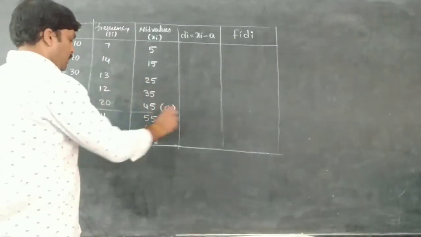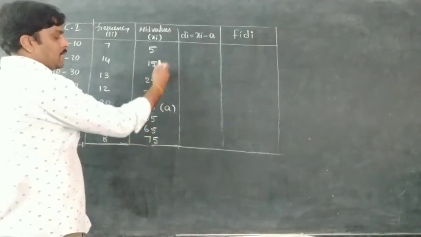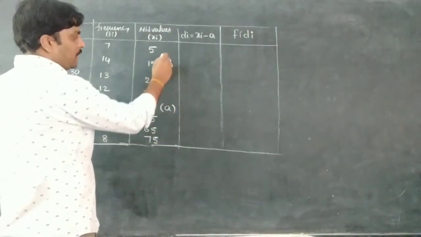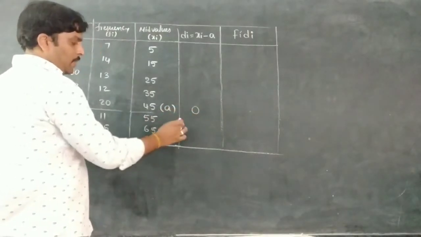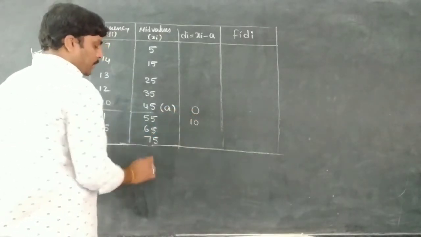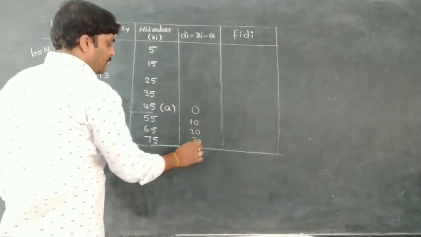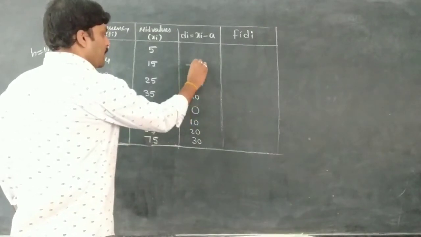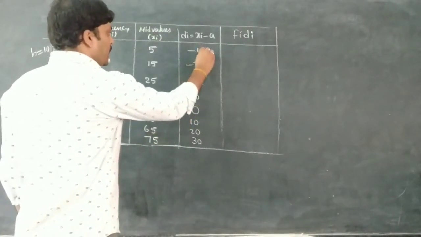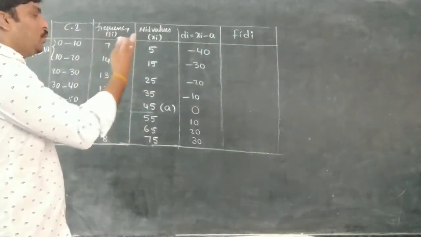Don't worry. Now all xi minus a, minus 45, minus 45, minus 45, we can do it. 55 minus 45, 65 minus 45, 75 minus 45. Here it is minus 10, minus 20, minus 30, minus 40. Okay, now fi into di.